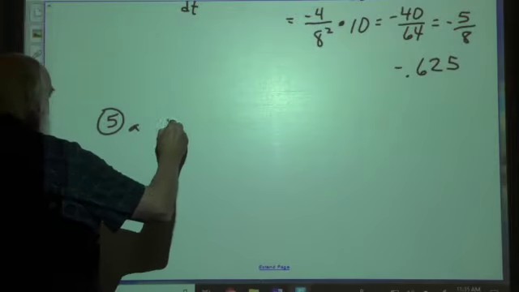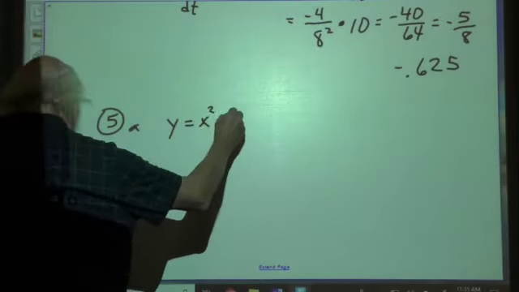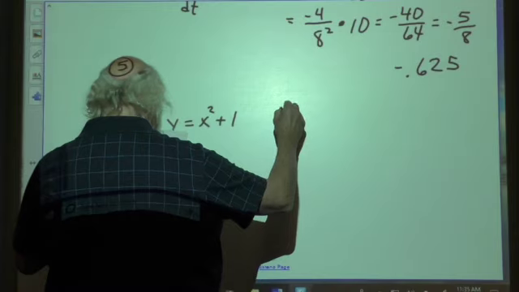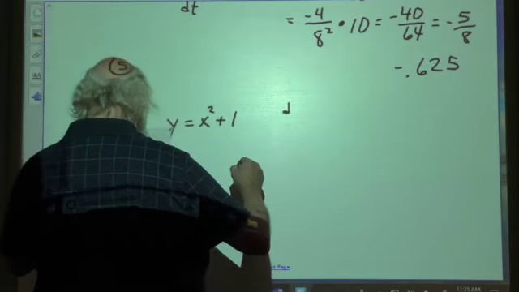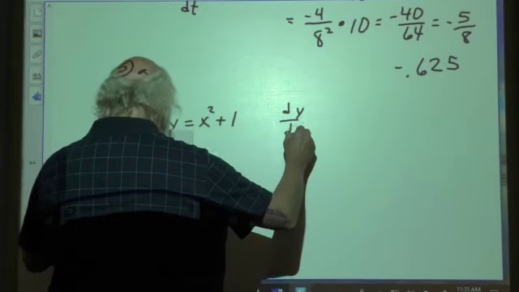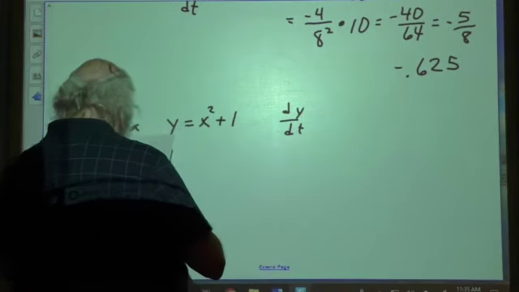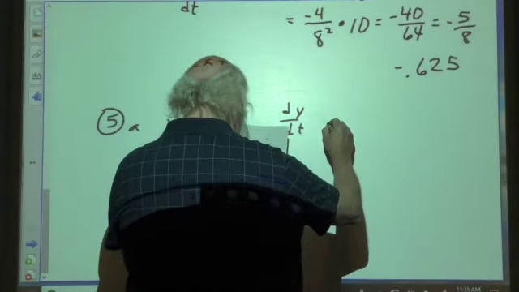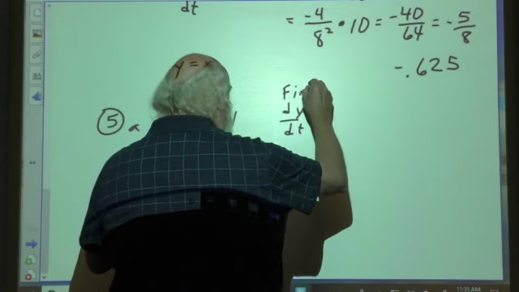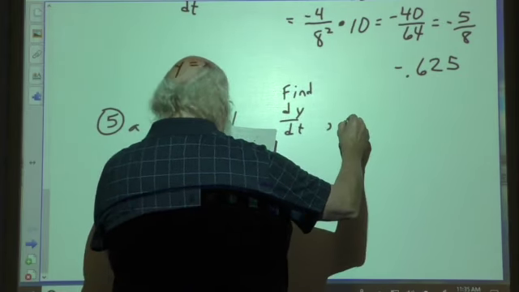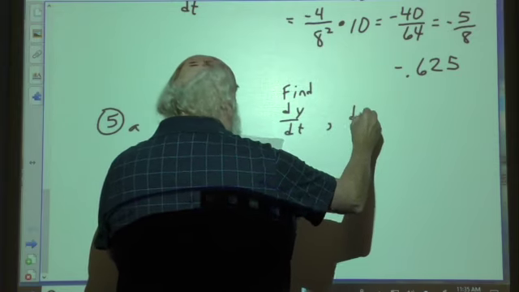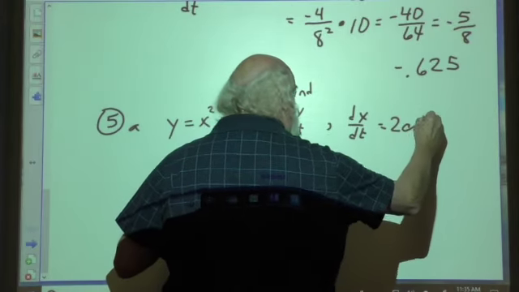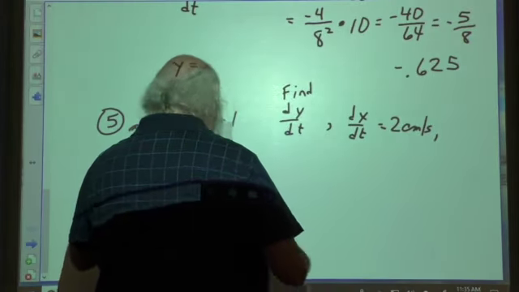We're given that y equals x squared plus 1. They want us to find dy/dt when dx/dt is 2 centimeters per second and x equals -1.